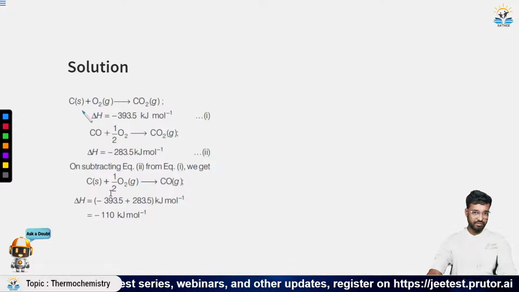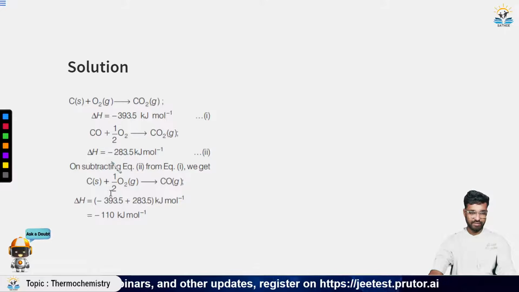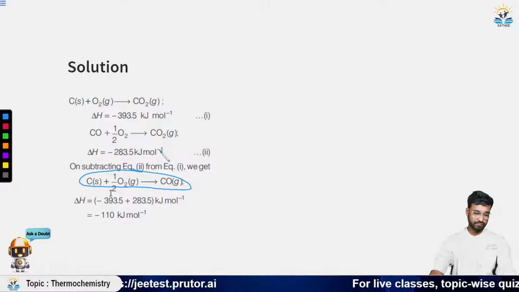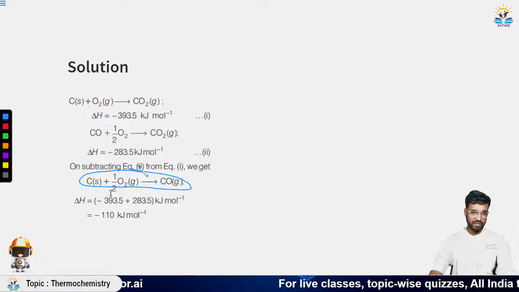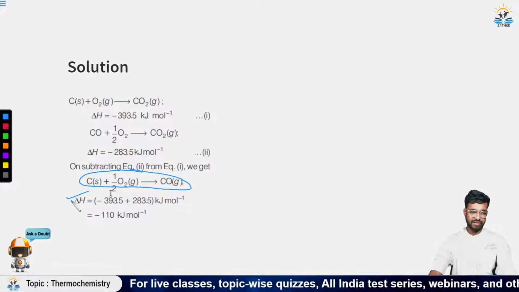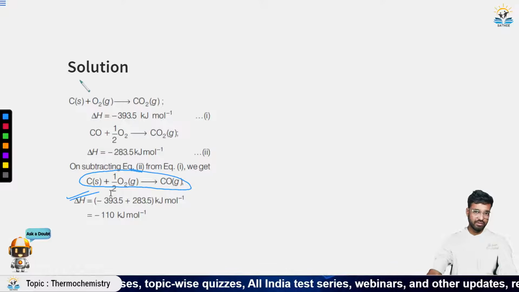Now we take those, we add it accordingly to get our answer. So we need finally this equation. We simply add this, and we'll simply subtract it, and we get our enthalpy change regarding this equation. Okay, so this is the solution.